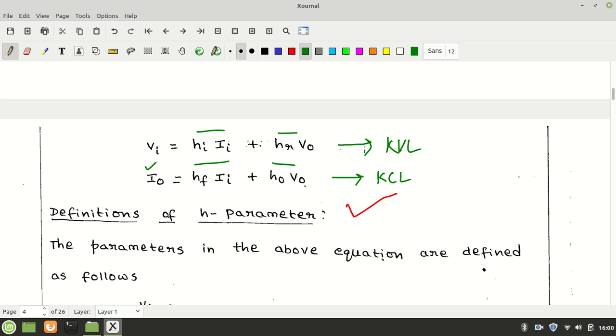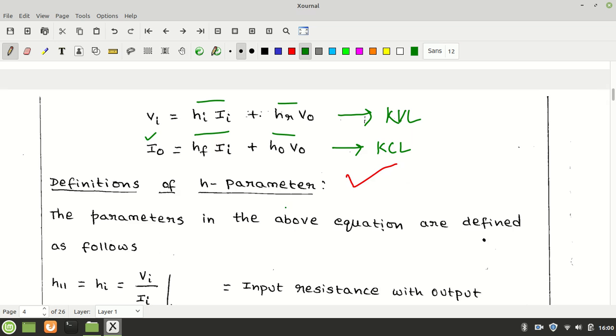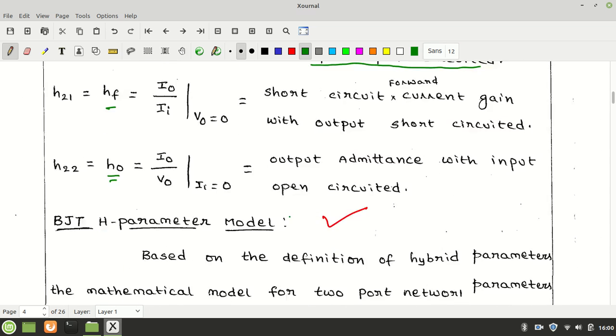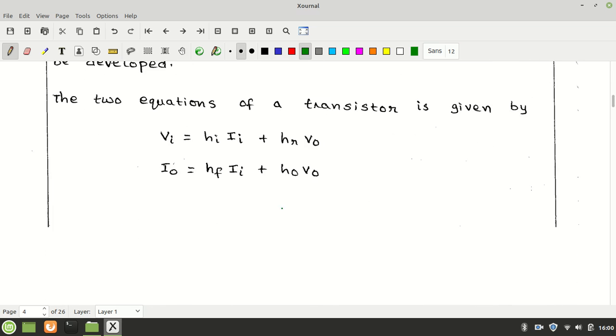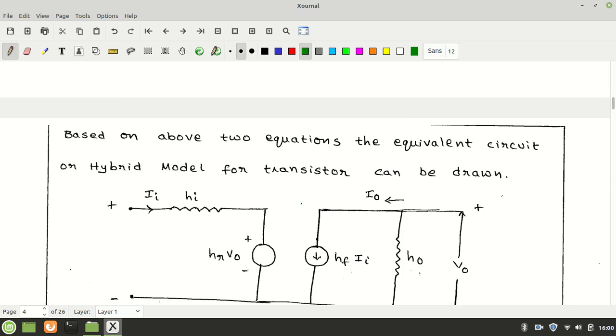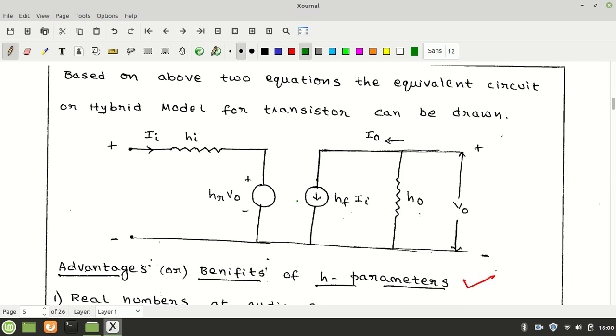So these are nothing but KVL and KCL equations. So we can implement those two equations into a model or into a circuit, which is called the hybrid parameter circuit, and this equation again is written here correctly. So we can make this circuit.